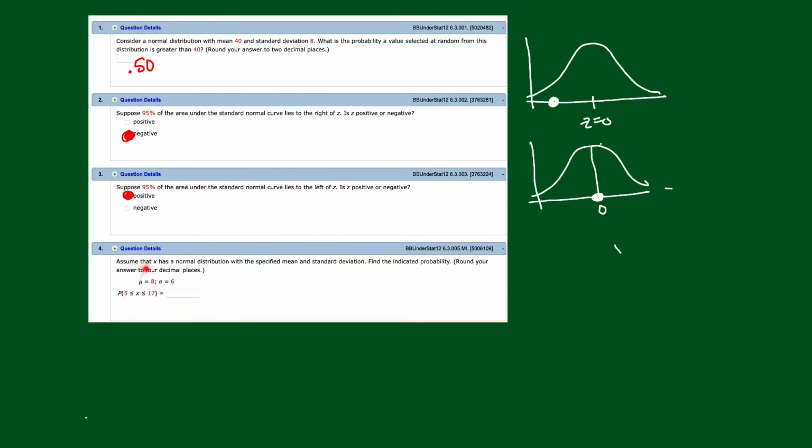Now, question 4 says, assume that x has a normal distribution. All right, so we've got the normal curve, the bell-shaped curve, with a specified mean and standard deviation. They're just telling us we've got a normal curve with some mean and some standard deviation. Now, find the indicated probability. All right, so here's what we know. I'm going to draw this picture.